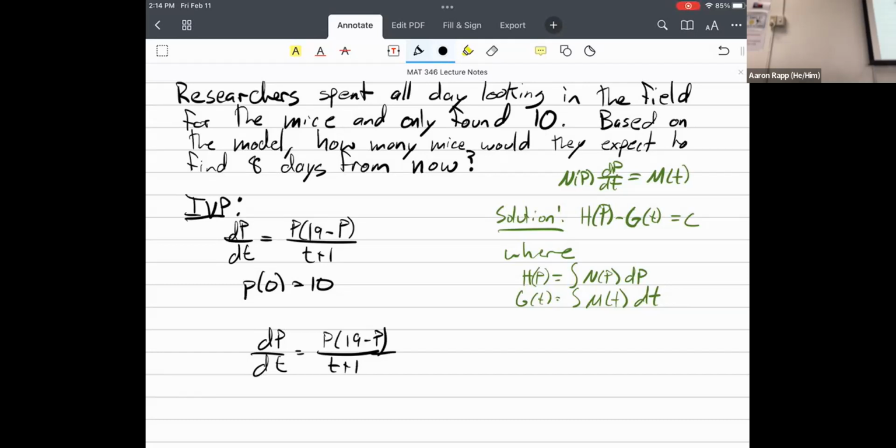So what should I do to both sides? I need to rewrite this differential equation as a function of capital P, as in Paul, times the derivative of P equal to a function of lowercase t.